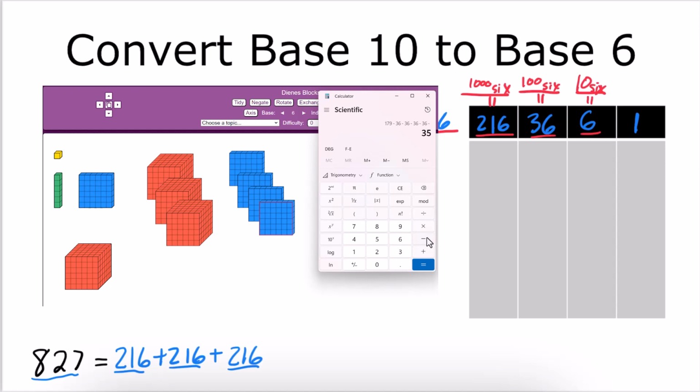And it looks like I did that perfectly because now I have 35 blocks left. And I'm just going to write down that I have 4 36s. And I now have 35 blocks left to distribute or convert into base 6.